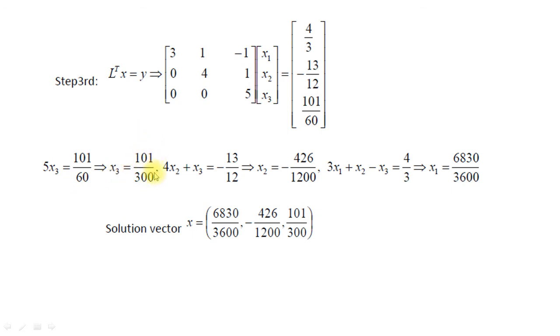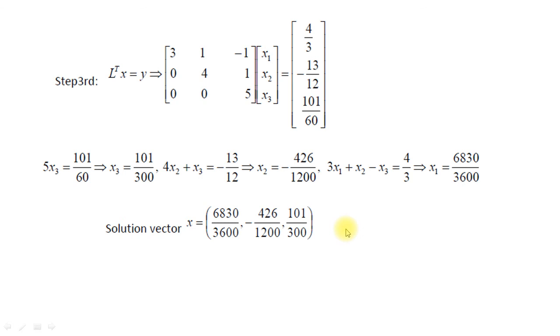So x3 is equal to 101 divided by 300, and in the second equation 4x2 plus x3 is equal to minus 13 by 12. Putting the value of x3, we obtain x2 is equal to minus 426 divided by 1200. Similarly, in the first equation 3x1 plus x2 minus x3 is equal to 4 by 3. Now putting the value of x2 and the value of x3, we obtain x1 is equal to 6830 divided by 3600. So this is the solution of this given system of linear equations.